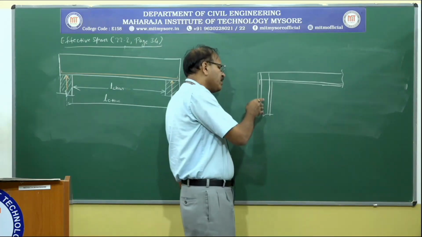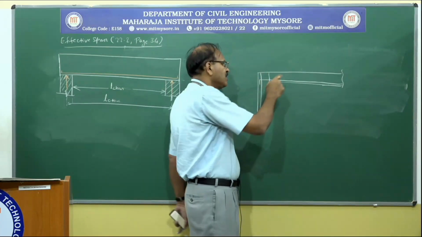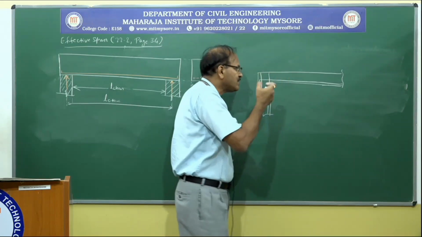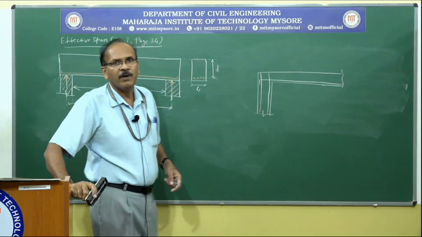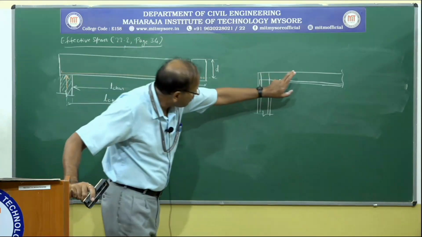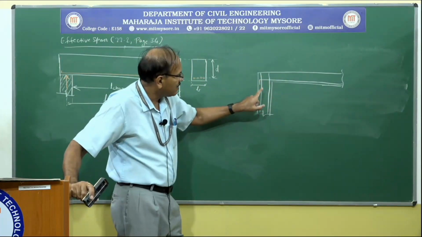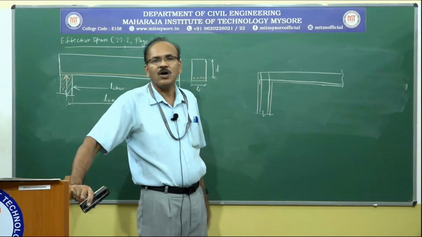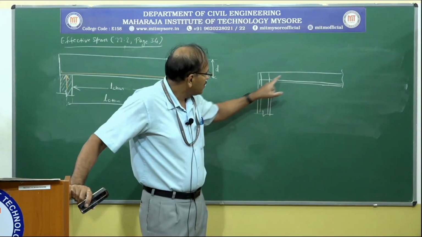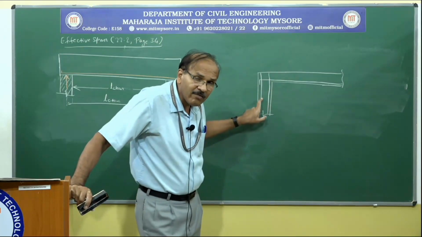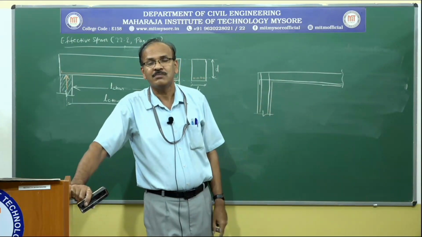And we are going to place concrete together so that once we take out all the centering, this beam is going to act with the column as a single unit. That means this beam is integral with the column.